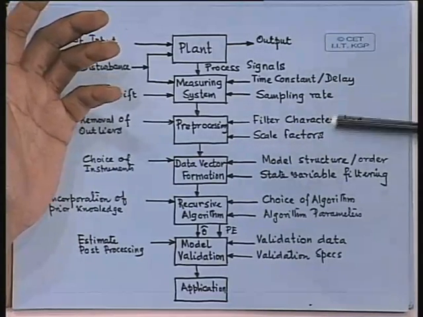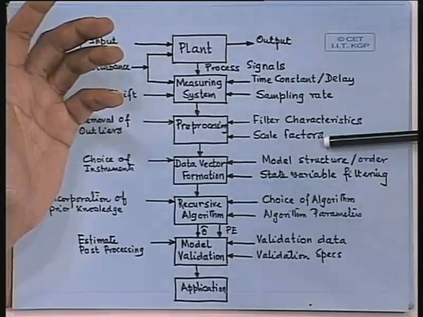So what sort of filters are to be used? Sometimes you have to use scale factors. I don't know whether you have ever tried to train a neural network. In neural network training, if you don't use scaled data in roughly the same ranges, say one data which spans between 0 and 10,000, and another which spans between 0 and 0.1, it will be very difficult to train the network because of the interconnectivity.